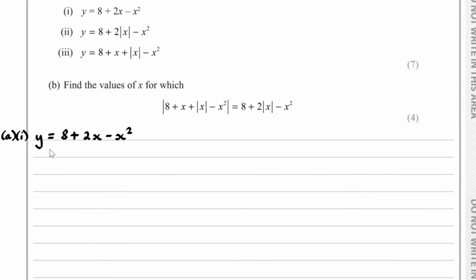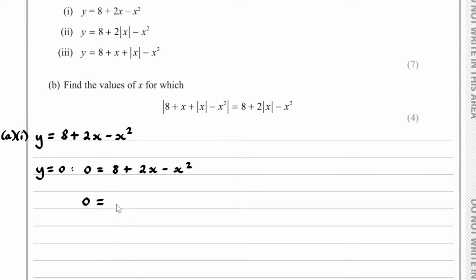Now, first of all, we can find out where the graph crosses the x-axis and the y-axis. So if I set y equal to 0, I've got 0 equals 8 plus 2x minus x squared.